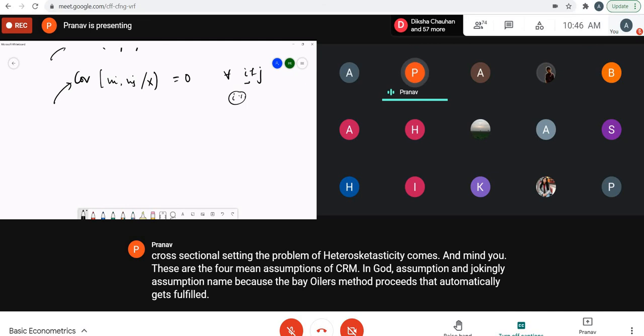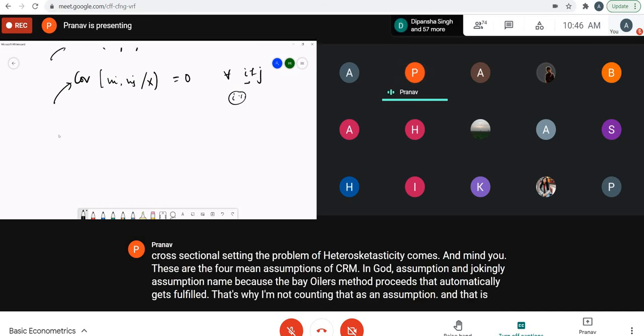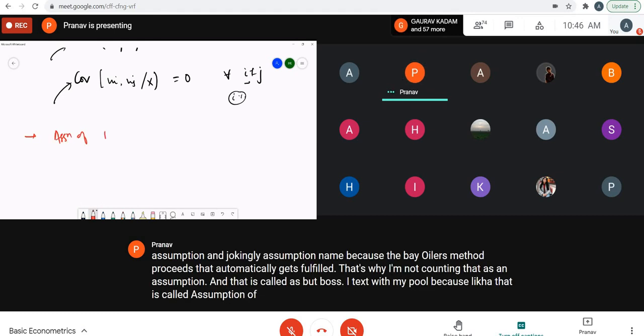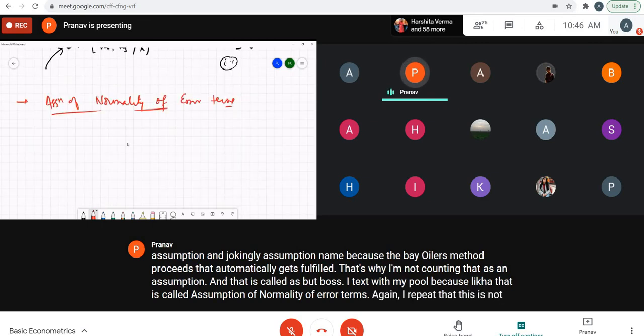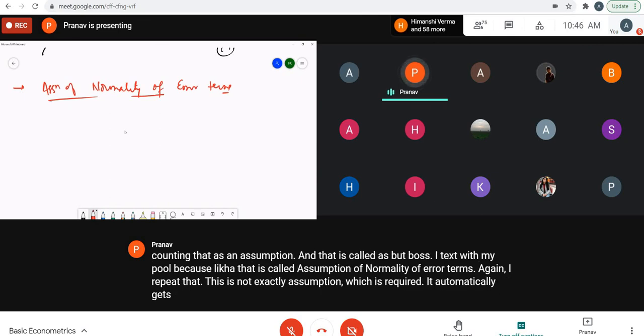That's why I'm not counting it as an assumption, but in many textbooks you will see it written, and it is called the assumption of normality of error terms. Again, I repeat that this is not exactly an assumption which is required. It automatically gets fulfilled if you are solving the process through the ordinary least squares method.